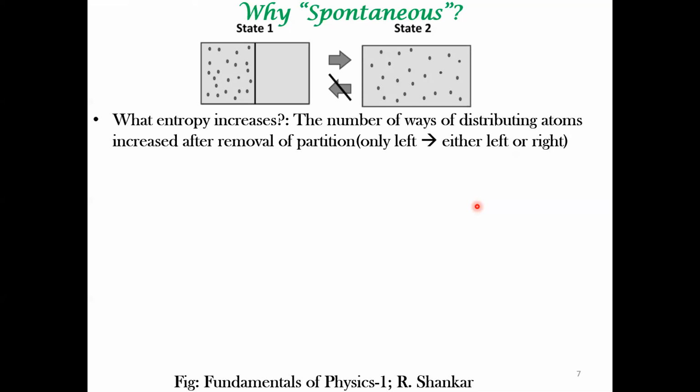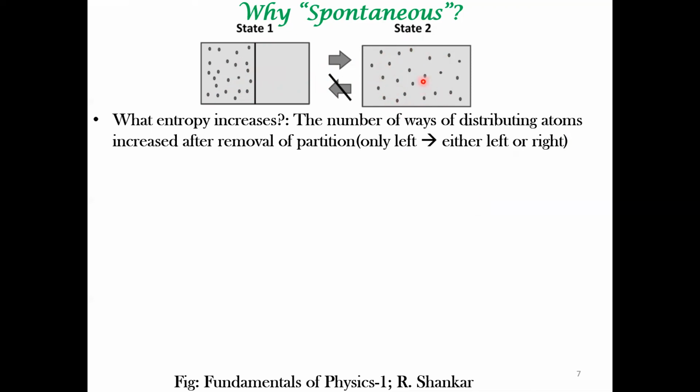heard about entropy. We always say there are certain spontaneous processes which increase entropy, right? So let's ask the question, why does entropy increase when you go from state 1 to state 2? The number of ways of distributing atoms after you remove the partition, when you go to state 2, is much more. If I divide it into 2 states, each atom can either go into this state or this state when I'm in state 2.